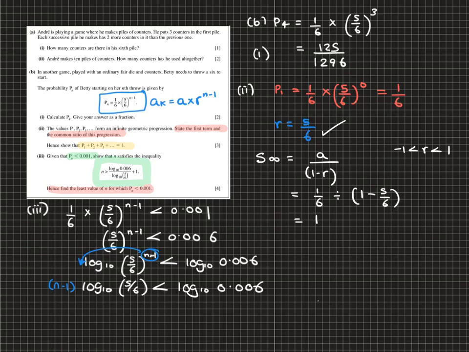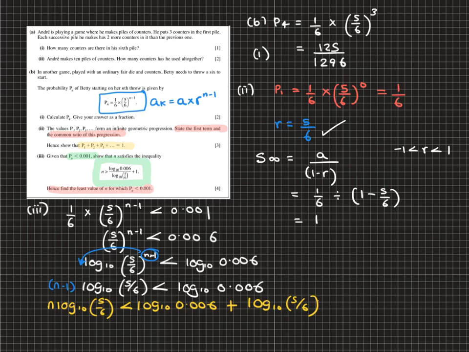And then it's a very quick process to the end of the work here. So we can see that n log to the base 10 of 5/6 is less than log to the base 10 of 0.006 plus log to the base 10 of 5/6, expanding the blue bracket and adding log to the base 10 of 5/6 to both sides.